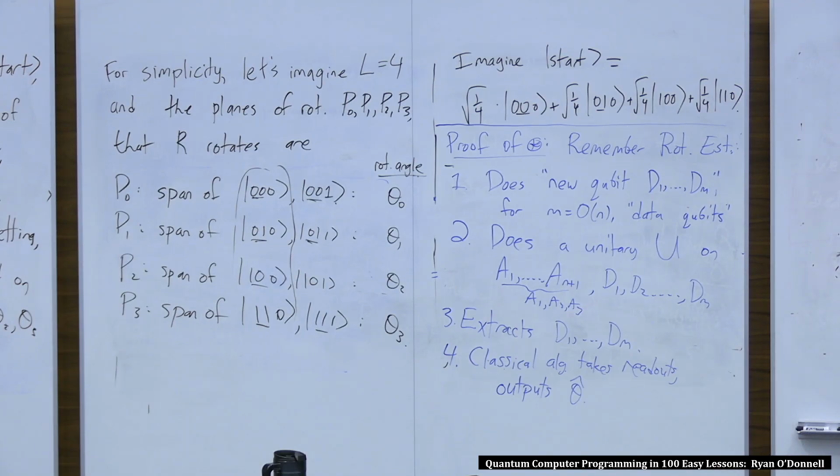Remember way back at the beginning of this class, we talked about how one cool thing about quantum computation is you can take any classical algorithm and make quantum code for it, and then you can make the uniform superposition of all inputs, run the algorithm, and you'll get an equal superposition of all input-output pairs.